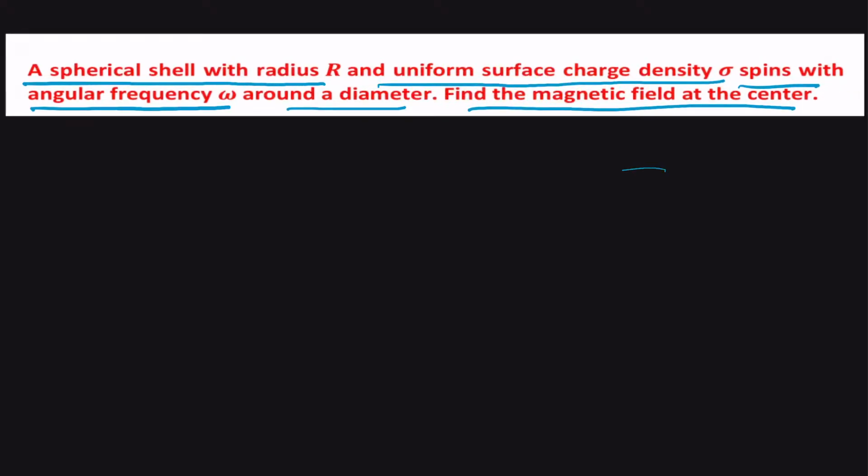And suppose this is our shell and this is the axis of rotation, which is also our diameter. So it is rotating along its diameter, and suppose this is the center, and in this case we assume a small circular ring.